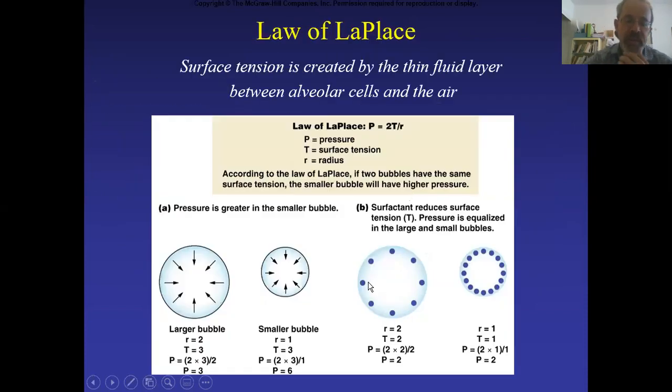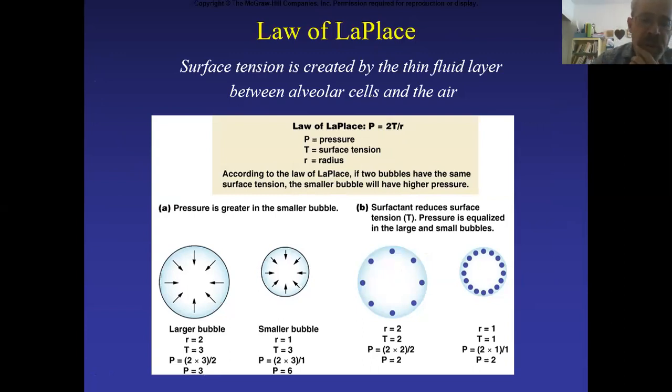But anyway, let's go back to this. Let's plug some numbers into this equation. Say the larger bubble has a radius of 2 and a surface tension of 3. Plug that into this equation. That's going to give us 2 times 3 over 2. That's going to give us a pressure of 3.